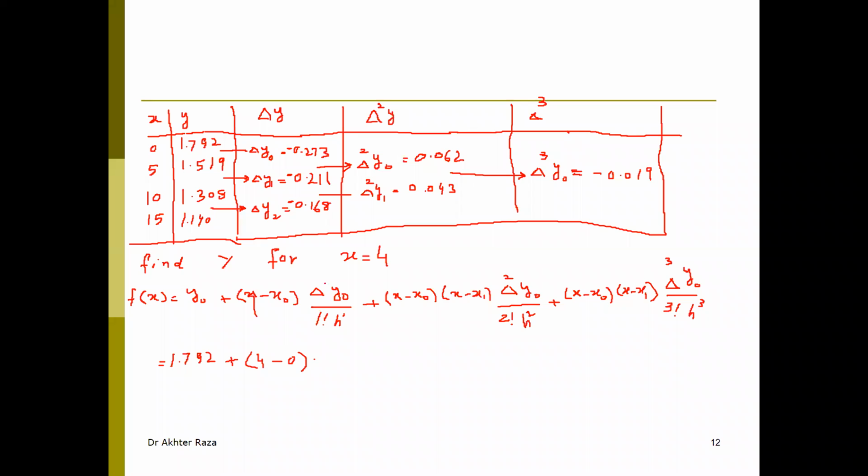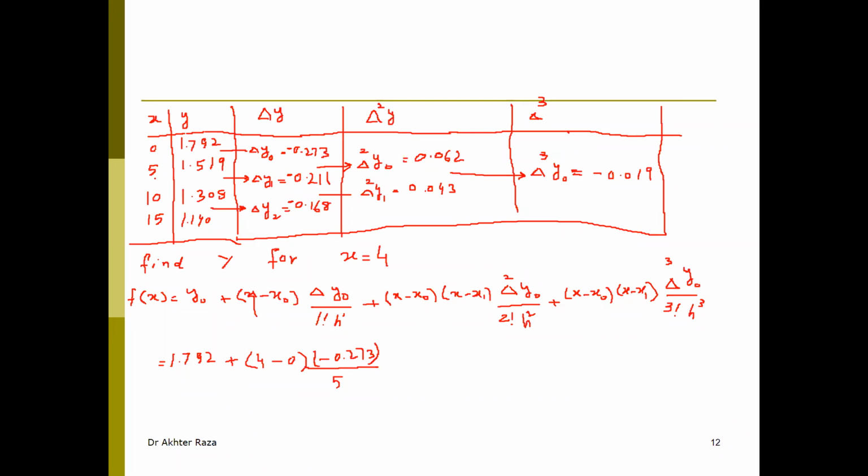Now you have to put in delta y naught. This is the value of delta y naught, minus 0.273, divided by 1 factorial is 1, h raised to the power 1. What is h? h is 5. h is the difference between these two arguments: 5 minus 0, 10 minus 5, 15 minus 10.